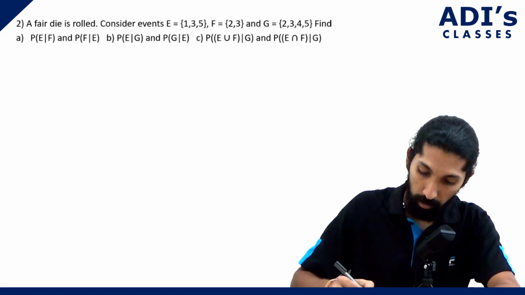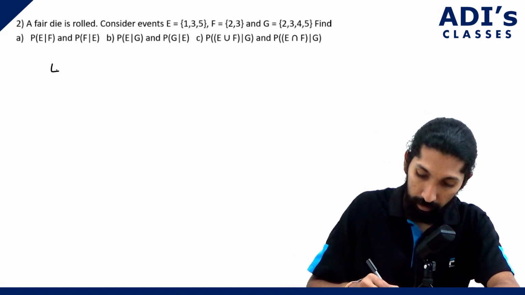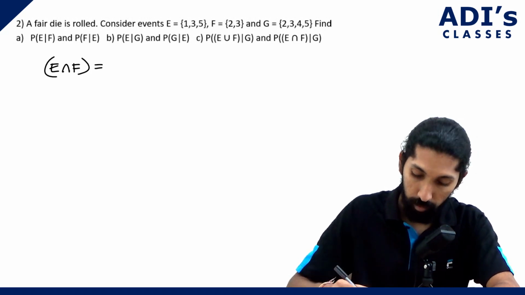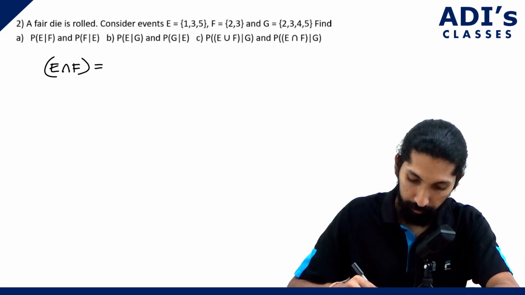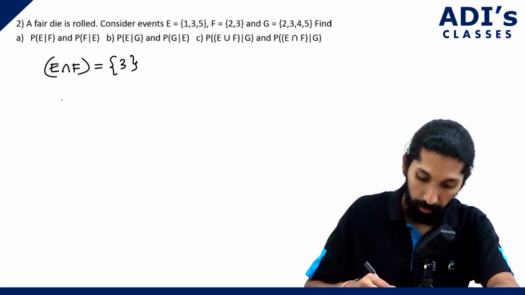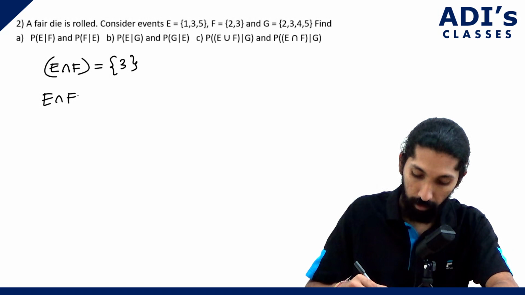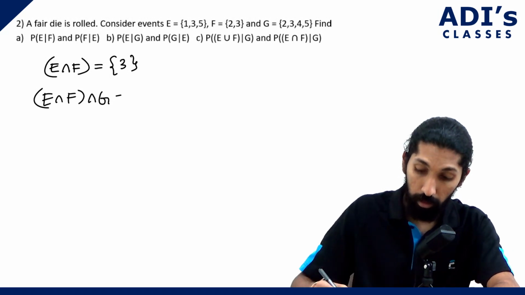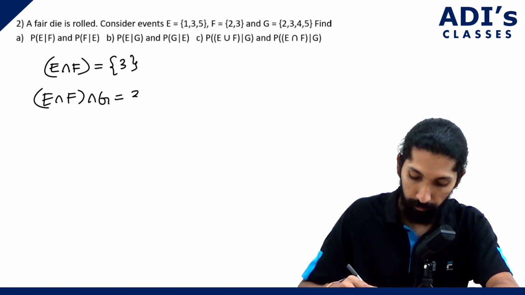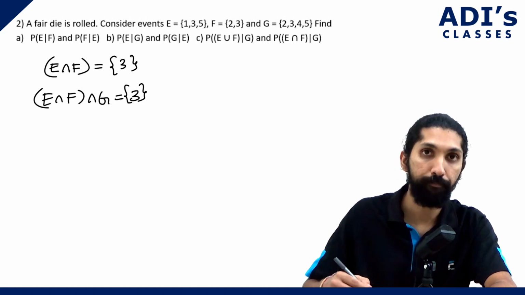Look at this one. We have E intersection F. What is E intersection F? So E intersection F is nothing but 3. Now E intersection F intersection G is nothing but just 3 itself. Correct.